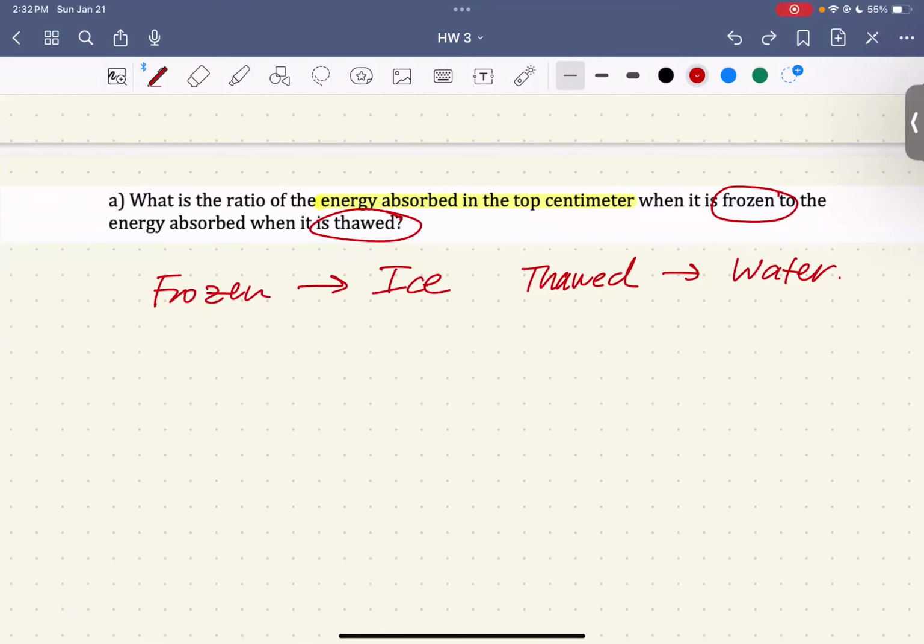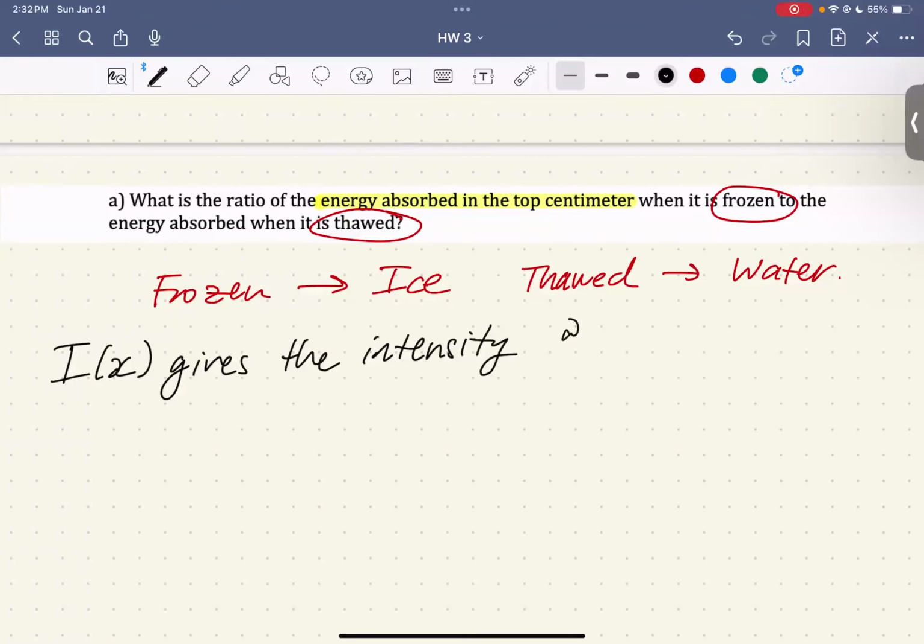And let's recall what we wrote for the definition of I of x: I of x gives the intensity at a given x value.